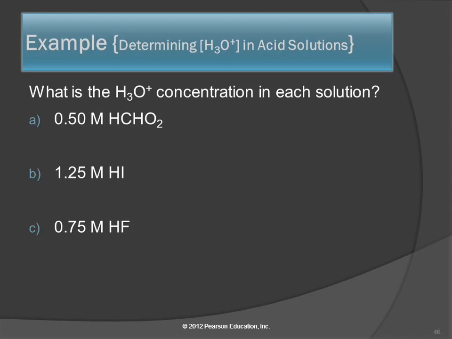So we're asked here to determine the hydronium ion concentration in each of these solutions. The first thing we need to figure out is, is this a strong acid? If it's a strong acid, we know that the hydronium ion concentration will be related to the actual concentration of the acid. Do you think that one's a strong acid?